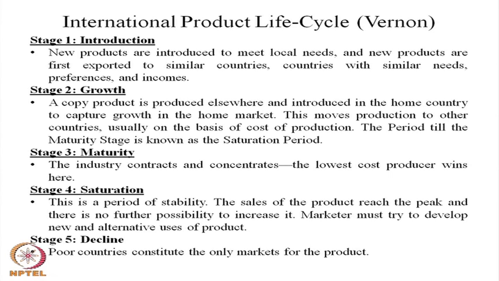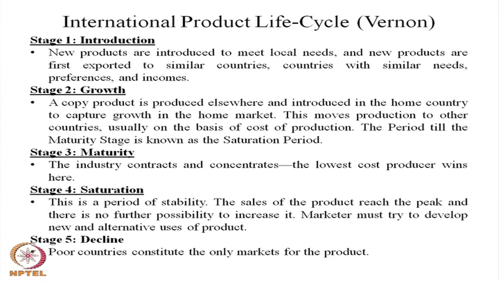So, the international product life cycle theory explains that the production process and the product have their own life. The life of the product is decided on the basis of the uses of the product and the cost of production. In the initial phase, it is a capital intensive product, and the country which innovates the product enjoys a few years of the product life cycle.